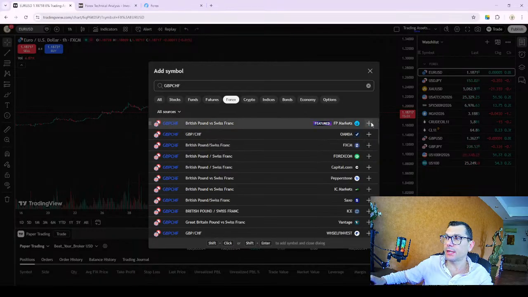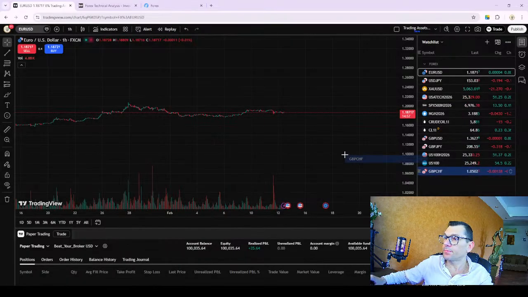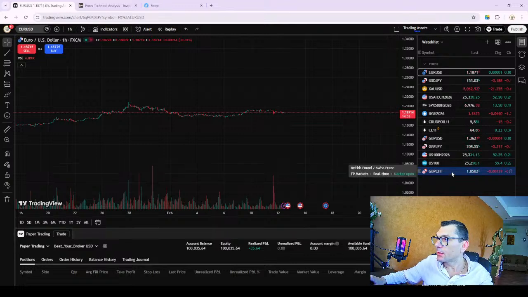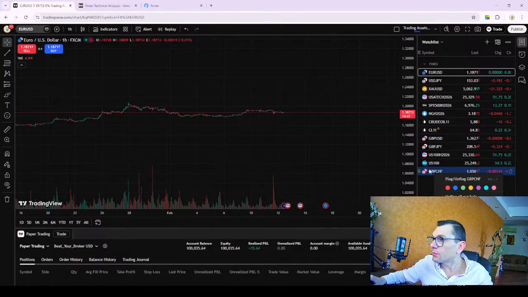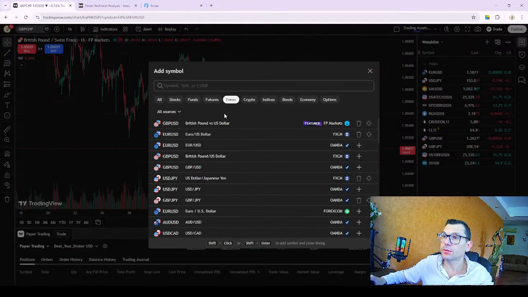So let's just add that. GBP CHF, here we go. Now, if we add it here, wait a second, something is wrong. Let's just remove that and add the proper one.